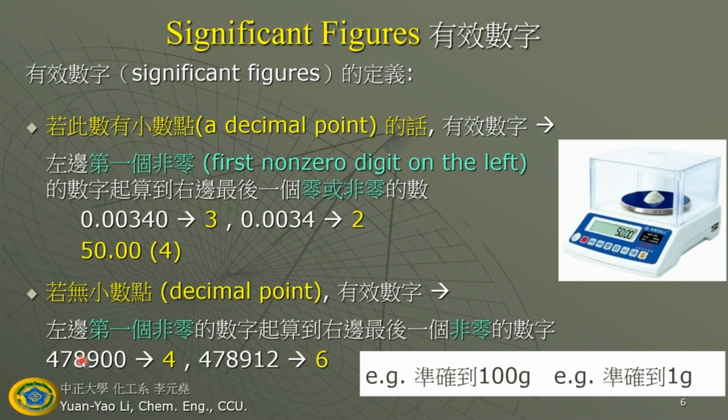If you have this balance, the minimum number is 100, 200, 300, 400, right? And for this one, the minimum number is 1, 2, 3, 4. So which balance is better? But more expensive, of course. This one, right? And this one can tell you you have 6 significant figures. You have better precision. Okay?